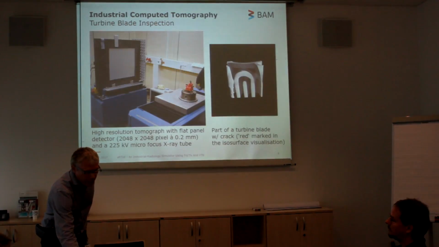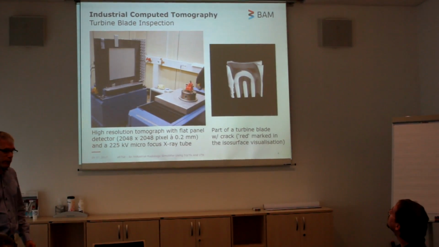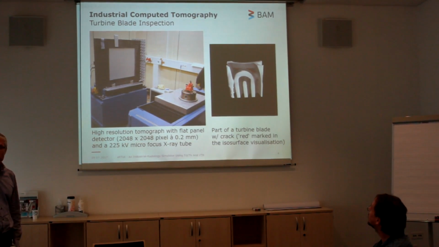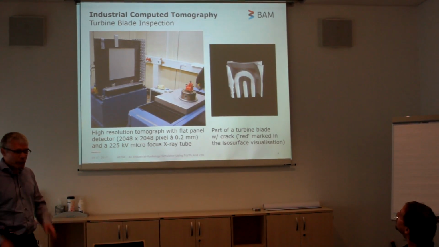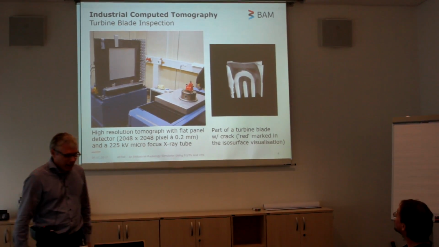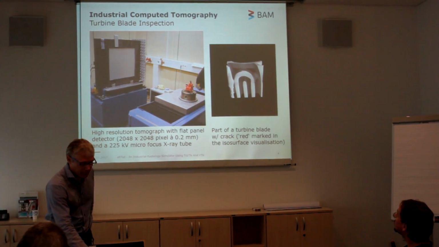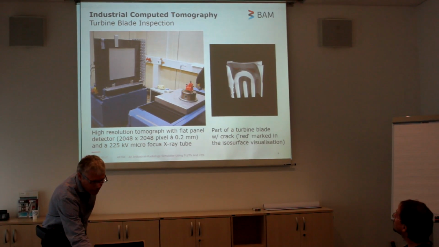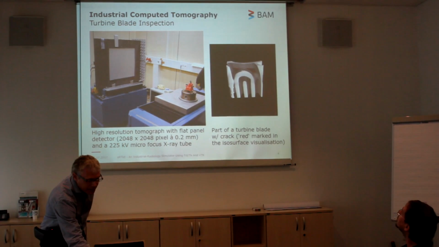Another kind of non-destructive testing with X-rays is computed tomography. That's probably a little bit more familiar for everyone because it's used in the medical area too. Here for instance a little turbine blade is mounted on a turntable.